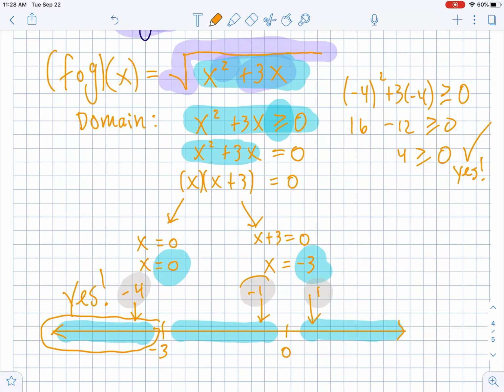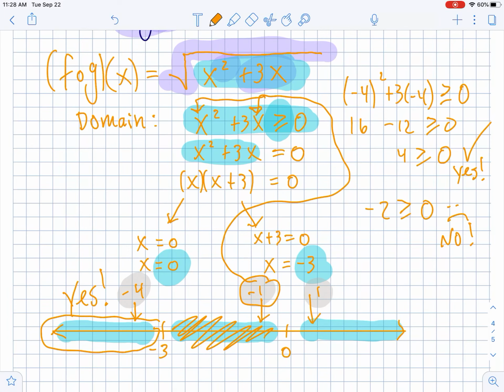If you throw a negative 1 into here, like we just did, and you test it, I'm not going to go through it with you guys because I'm a little long on this video, but you get an inequality that's not true. I think you get 1 minus 3 is negative 2. So when you plug that in, you get negative 2 is greater than or equal to 0, and we say, frowny face, no. So this area does not work.